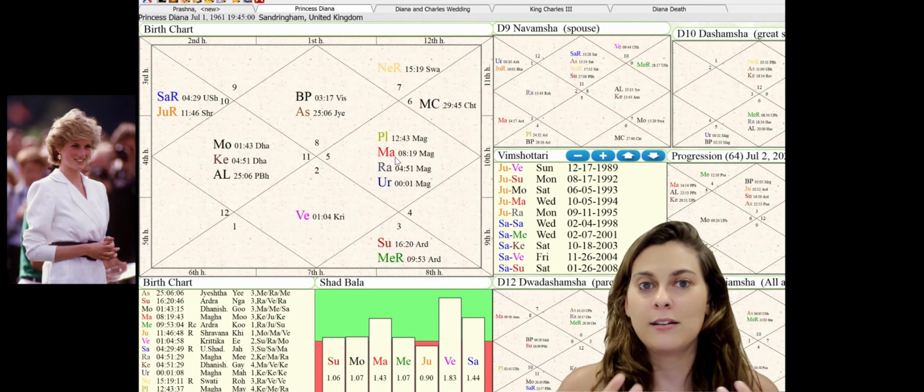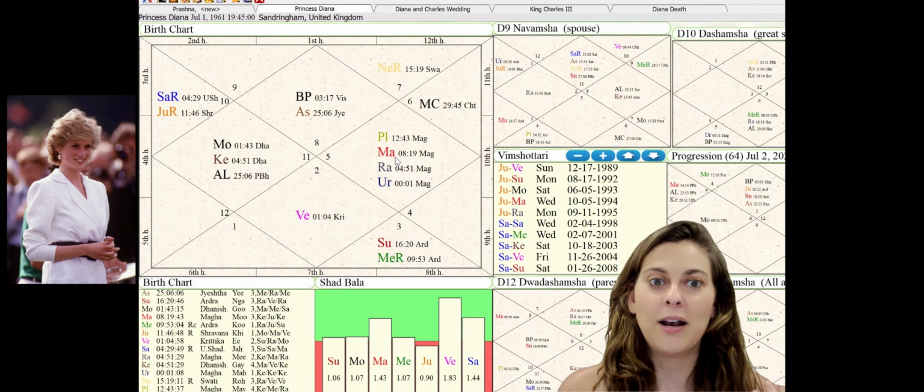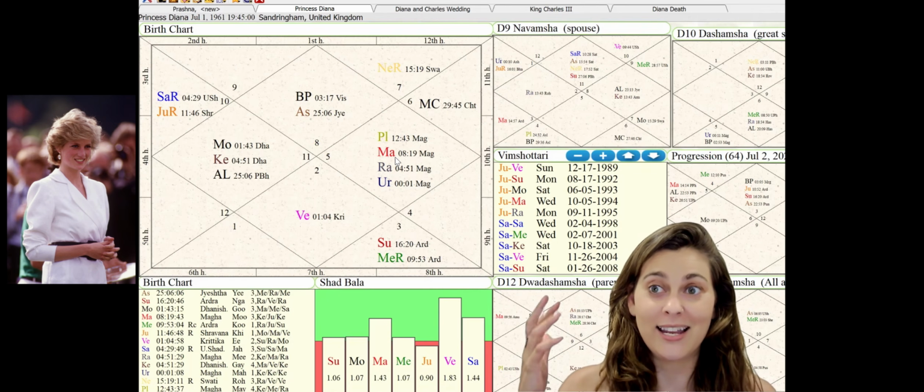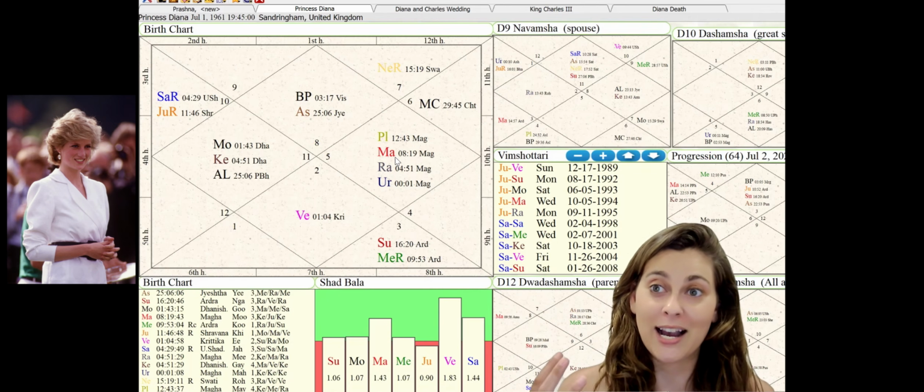So the lesson of Magha is to lead without ego. But Magha tends to have a very high sense of entitlement. They feel naturally like they are owed because there is this royal blood, ancestral pride.